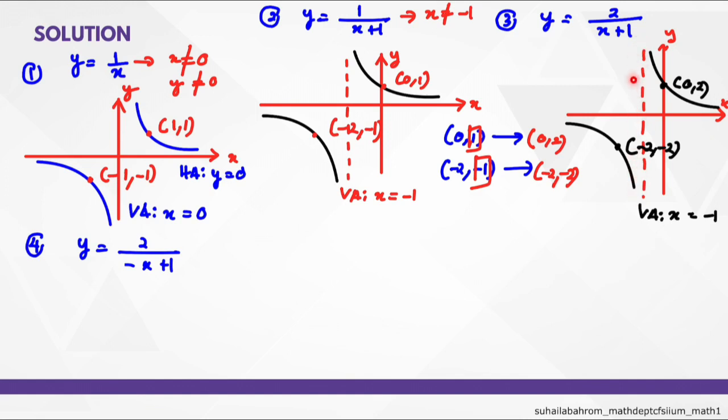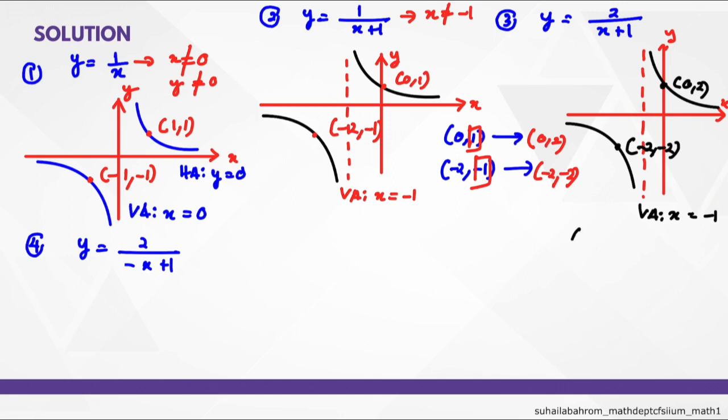And since our asymptote is on the line x equals -1, the vertical asymptote will also reflect to the other side, because when we talk about reflection, the changes are on our x values.